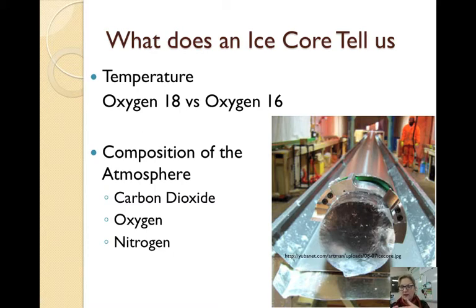It's like ancient atmosphere, and they can figure out how much carbon dioxide, oxygen, and nitrogen. So that is direct evidence of what the atmosphere was like during that time period. Indirect evidence would be looking at the oxygen 18 and 16 and seeing how that relates to what the temperature was like.